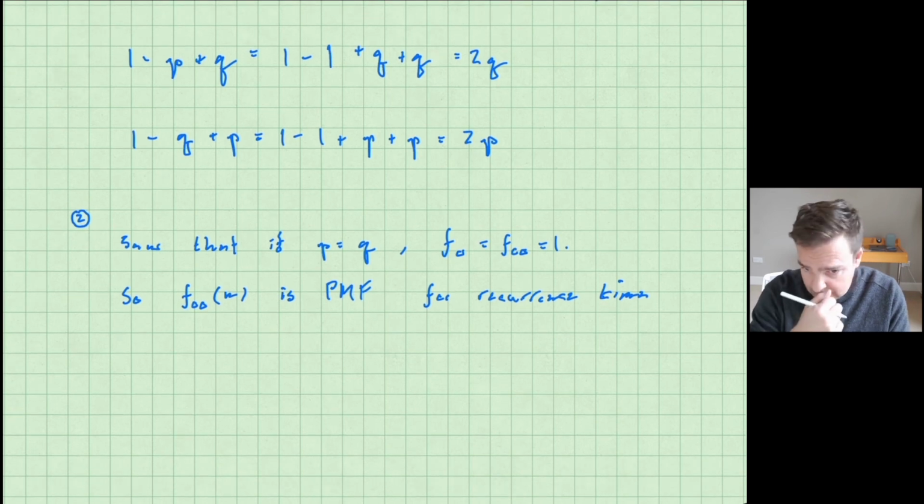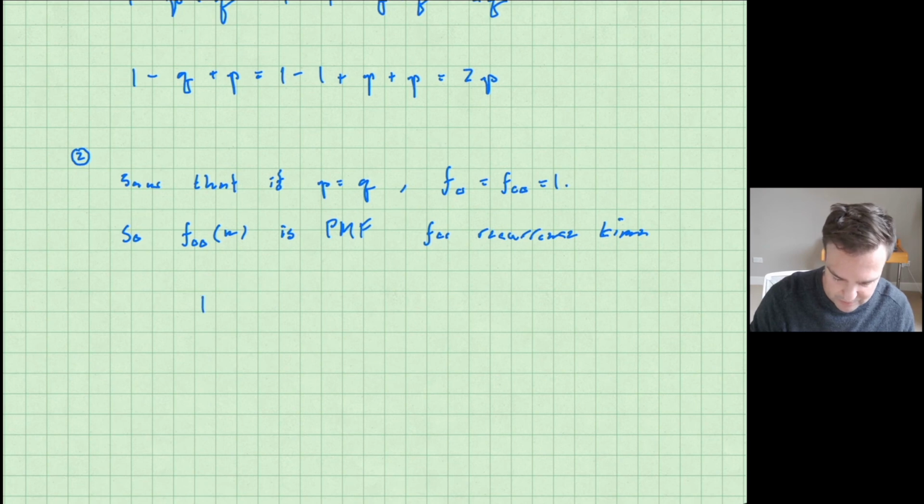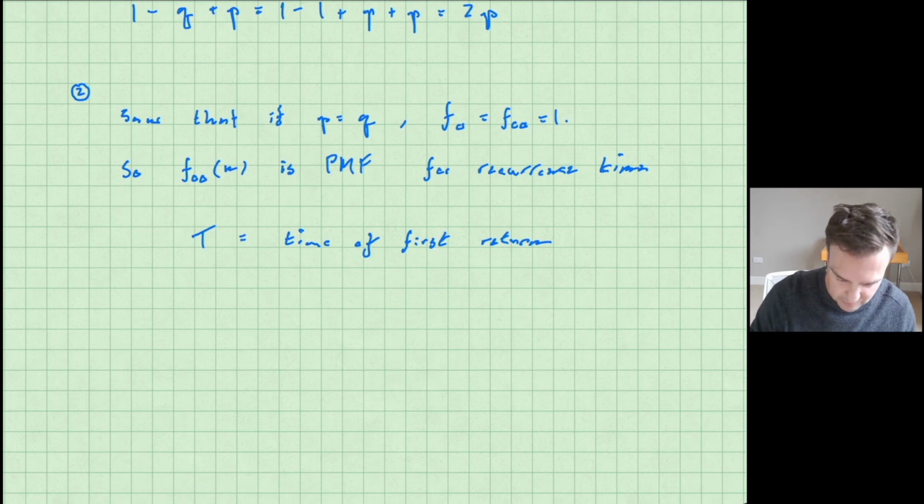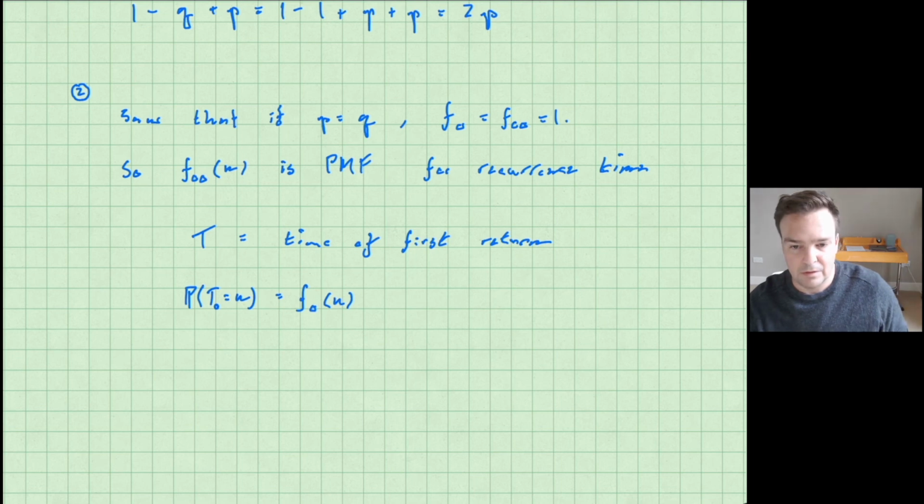All right. Now let's suppose that capital T, so we'll make a random variable, is the time of first return. Right? So that means the probability, with a subscript of 0 on here, that T is equal to n is equal to F0 of n, right?